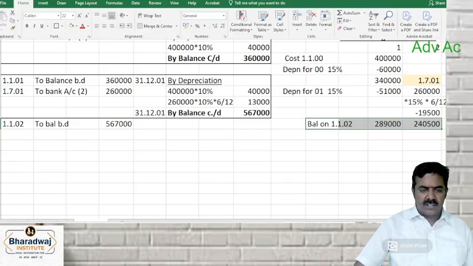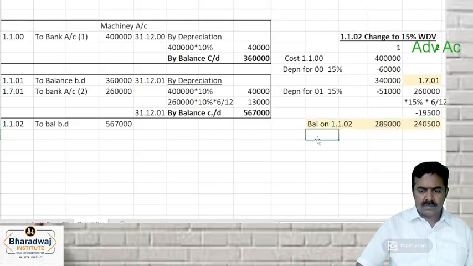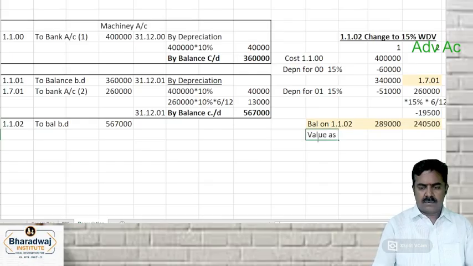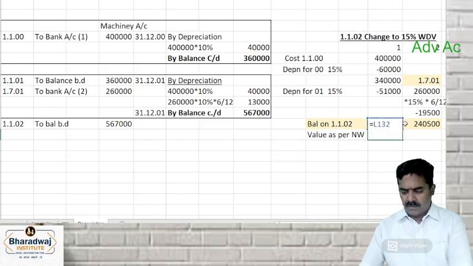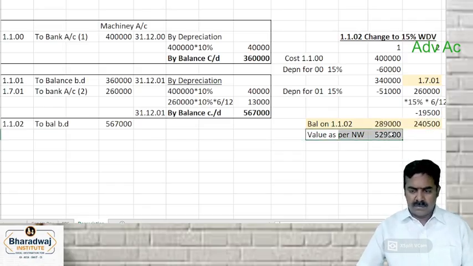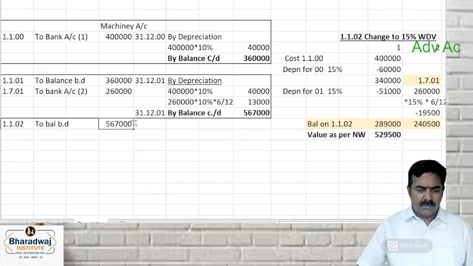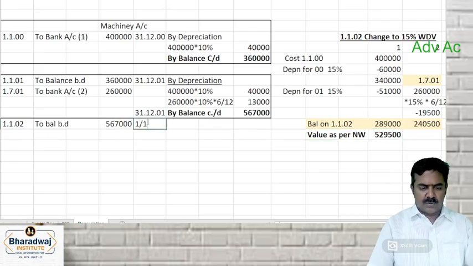So what is the value as per the new method? So the balance you can transfer to P&L account.